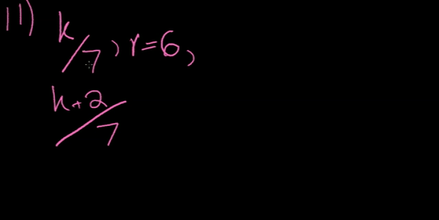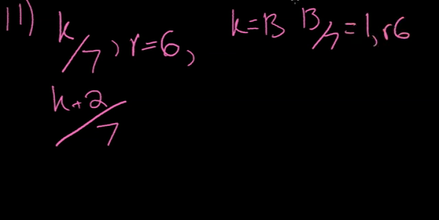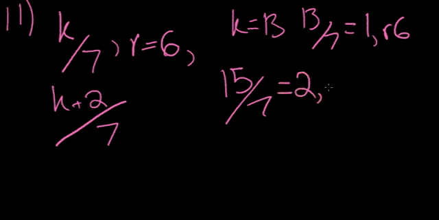The easiest way to do this is just count 6 up from 7. So let's say k equals 13, 7 plus the remainder. So double check, 13 divided by 7 equals 1, remainder 6. So we can use this number. So what happens if k plus 2 is divided by 7? Just add 2 to 13, 15 divided by 7, which is going to equal 2, remainder 1.